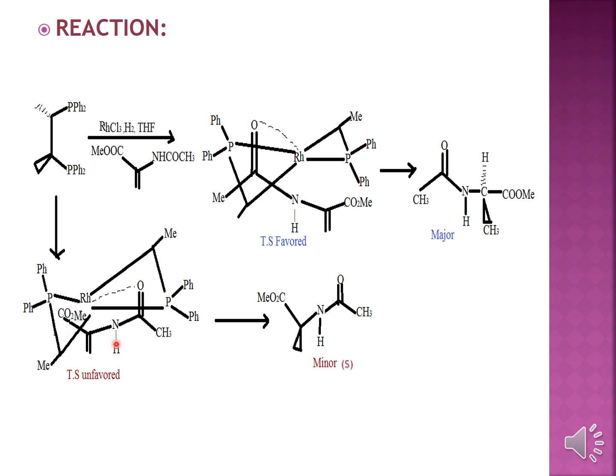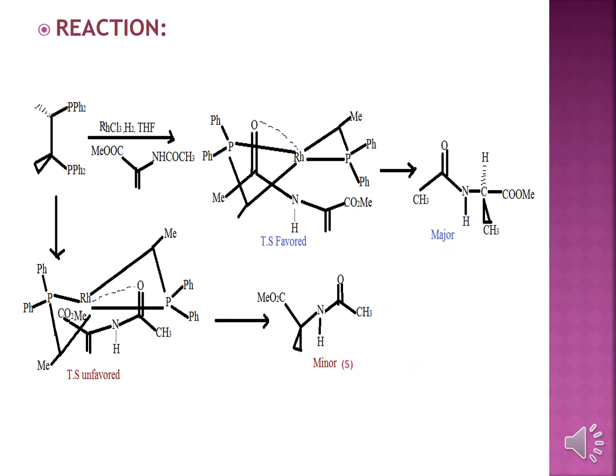There is again the formation of a complex, and here the oxygen is facing inside. After the removal of the rhodium complex, there is a formation of your minor product, the S configuration. R is your major product, S is your minor product.